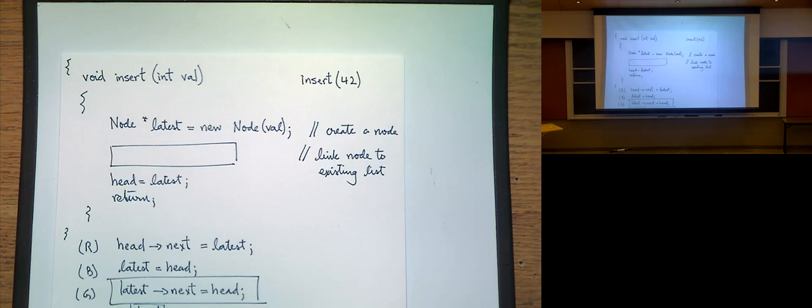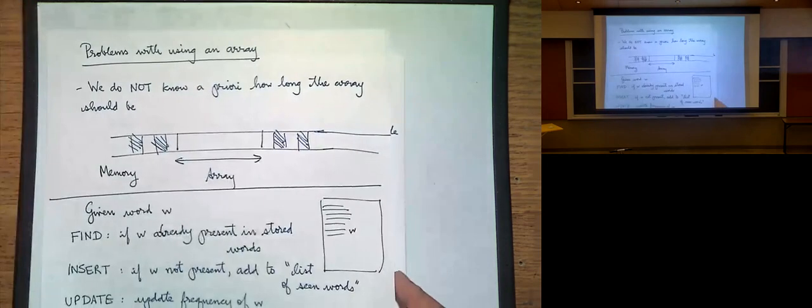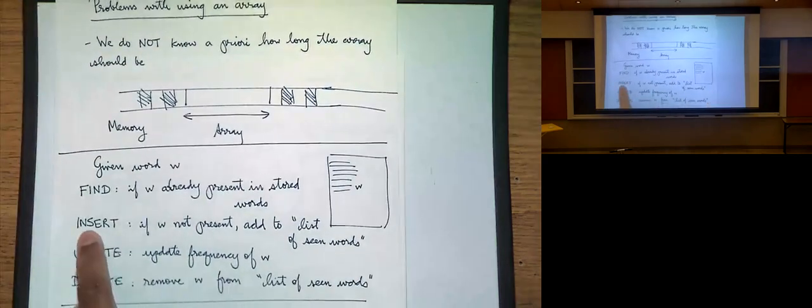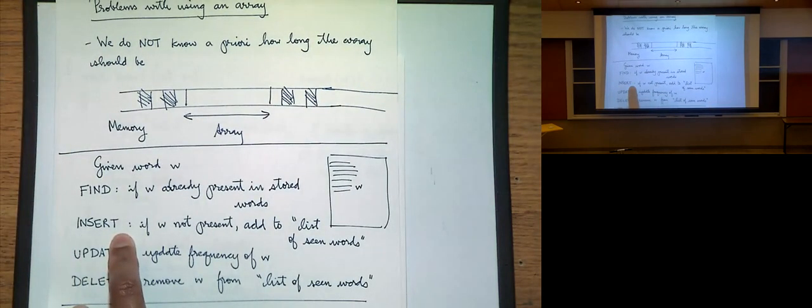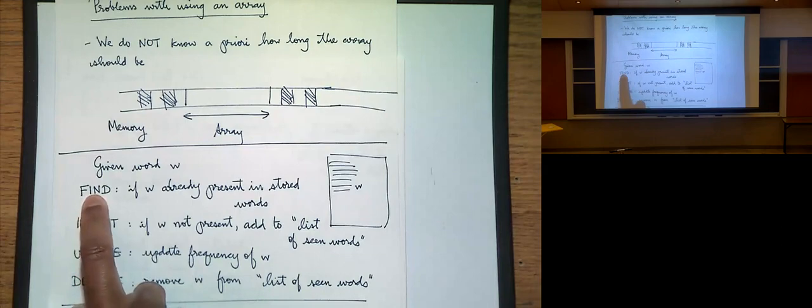So insert is quite simple. There are no gotchas in insert. So going back to what we said initially, that is pretty straightforward. The next thing we need to do is find.